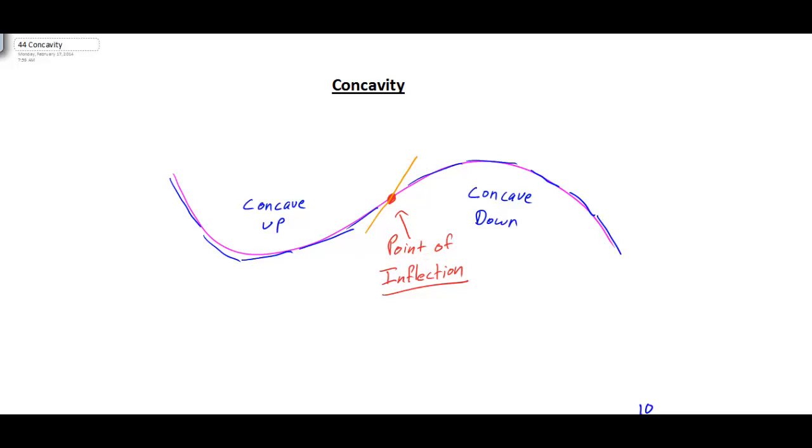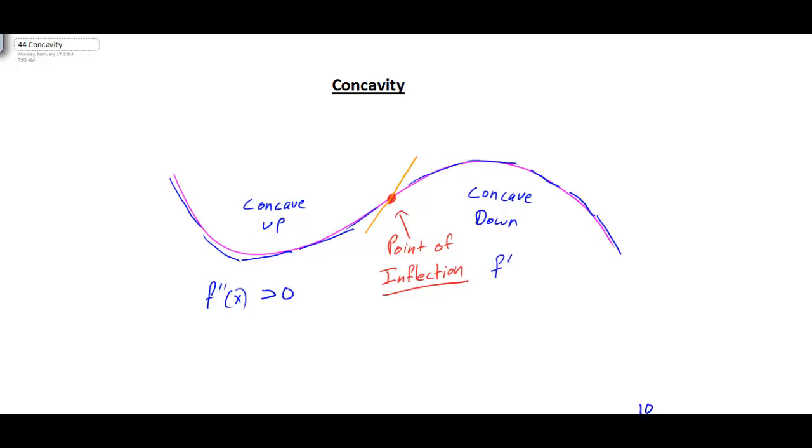And you'll also make note, how can we determine our concavity? Well, this is going to be used with what's called the second derivative. If the second derivative is greater than 0, it's going to be concave up.